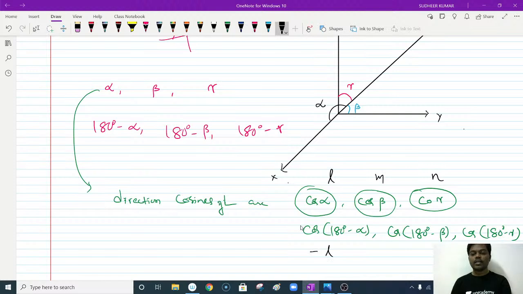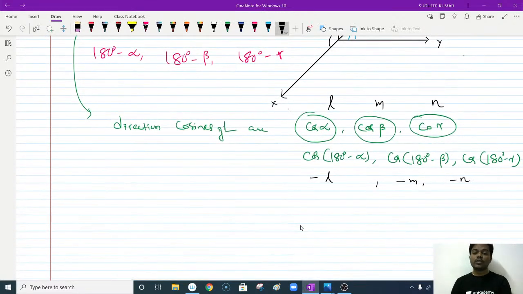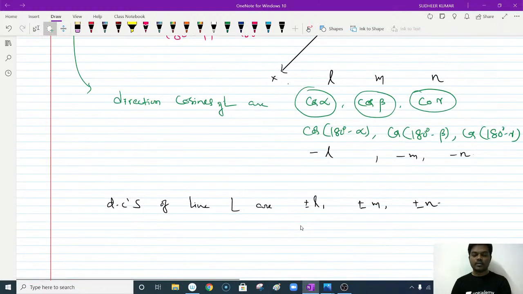So this is minus L, this is minus M, this is minus N. So the direction cosines of line L are plus or minus L, plus or minus M and plus or minus N, right?